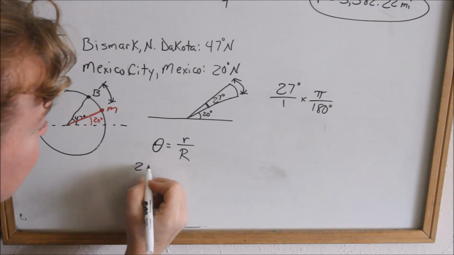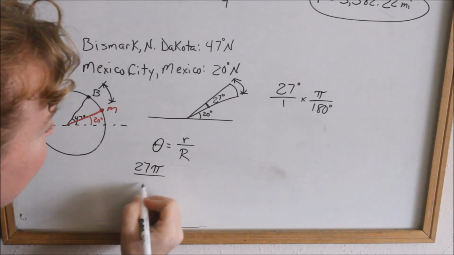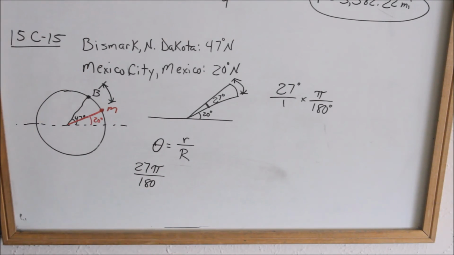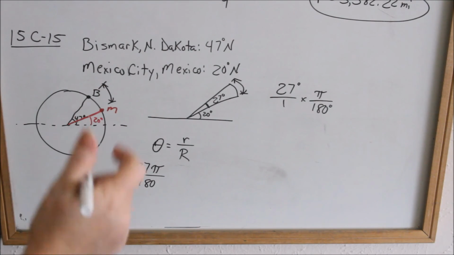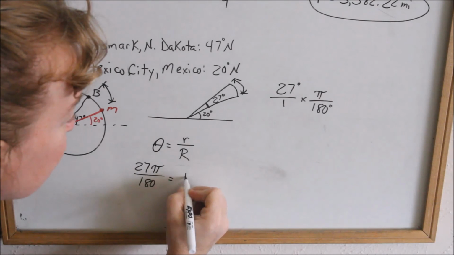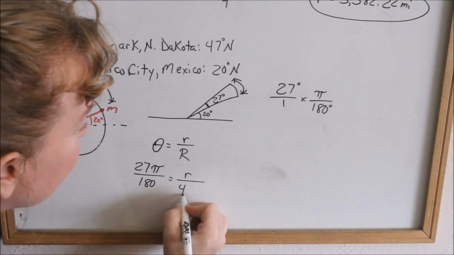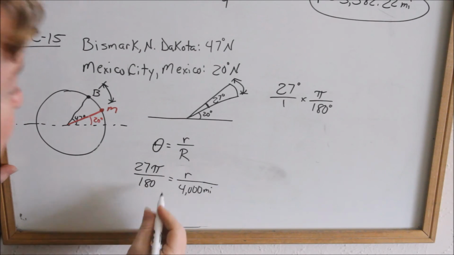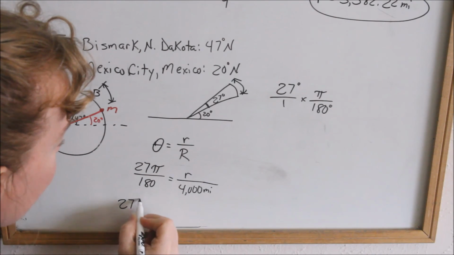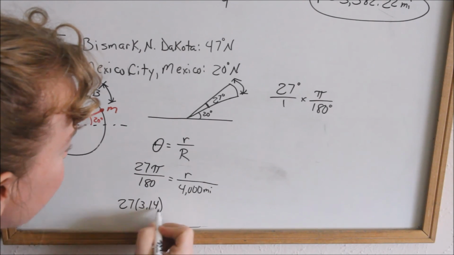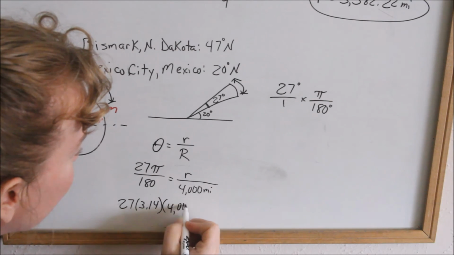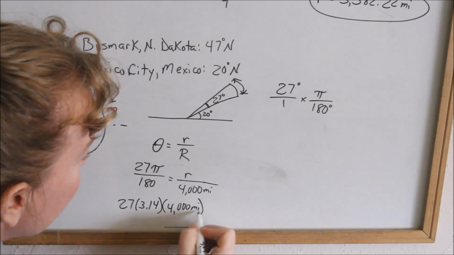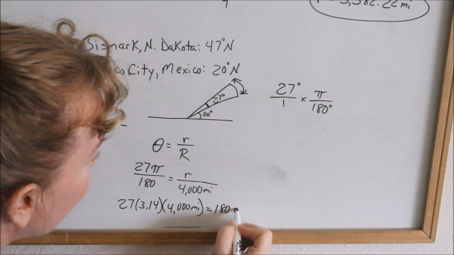So I'm going to leave this as 27 pi. I don't need to go through the work of reducing it. I can, but I just know I'm going to be solving it in an equation anyway. So 4,000 miles. So cross multiply 27 pi, and I'm going to go and put in my 3.14 times my 4,000 equals 180 r.